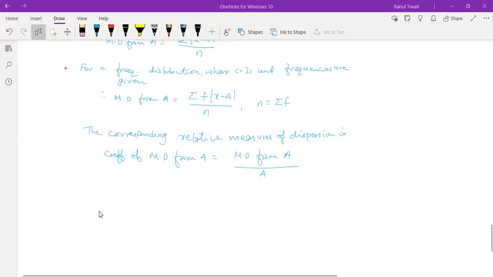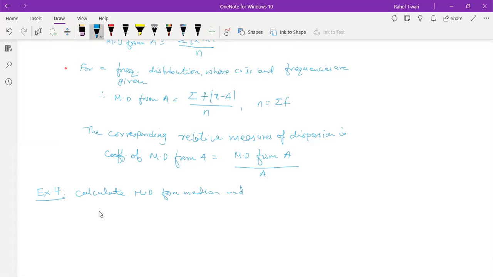So let's take example number 4 now. Take down: calculate MD from median and the corresponding coefficient of MD from the following data.